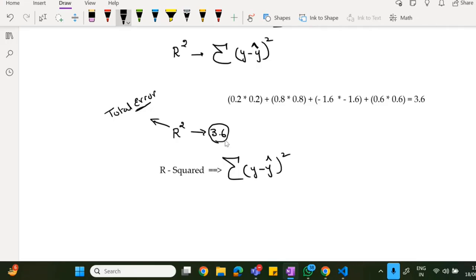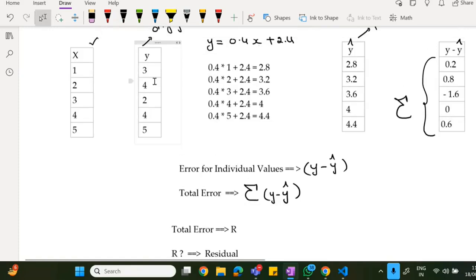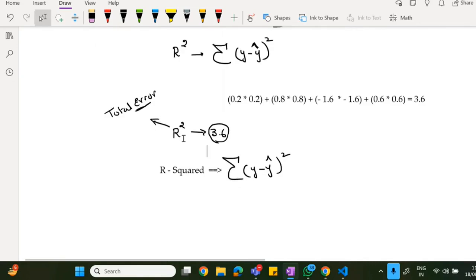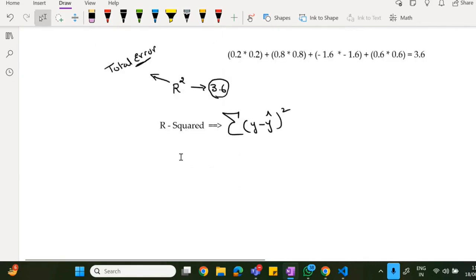Now, what I want to do is distribute this error equally to all the data points. How many data points do we have? 5 data points over here. I want to distribute the error to the 5 data points. How do you do that? Simple. You have R square, and your value is 3.6.